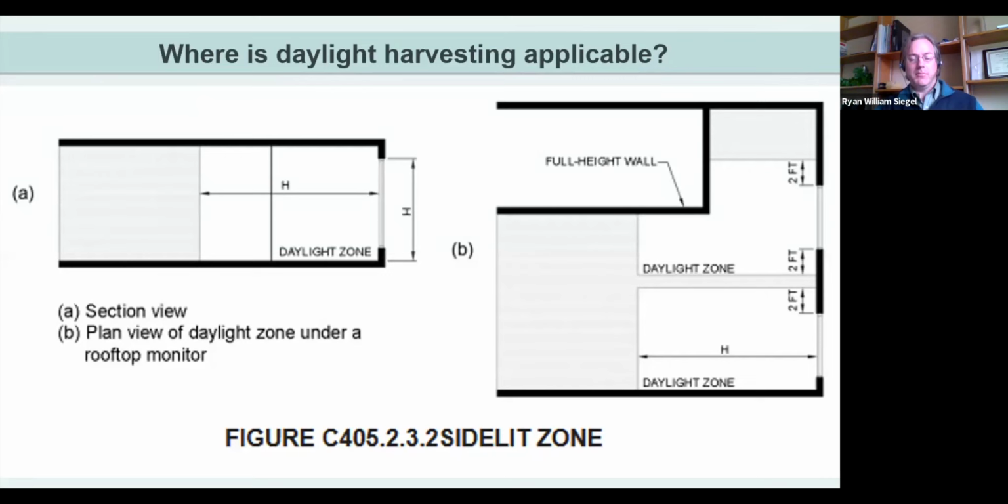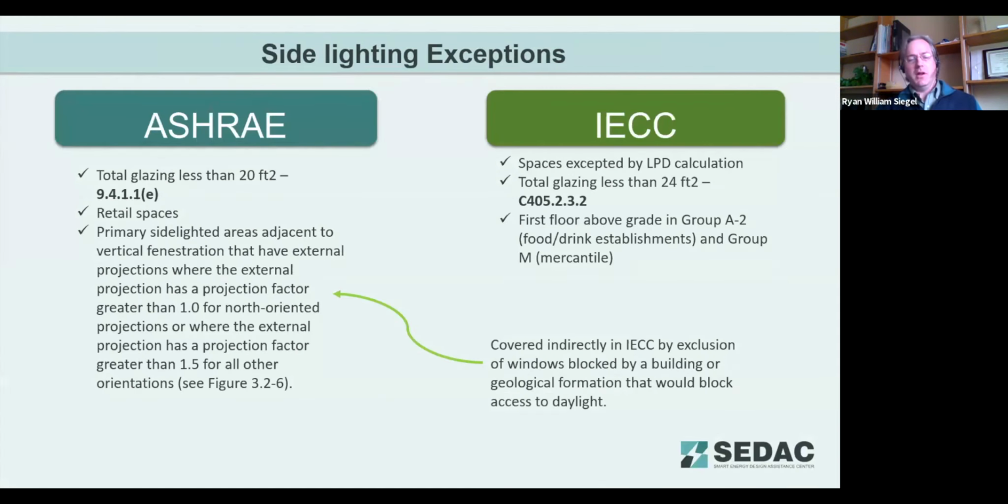Again, a reminder that if you're trying to find these, we do have links to the codes directly on our website for ease of access. Here we have some exceptions as far as side lighting. The code versus the standard, IECC versus Ashrae 90.1, present them a little differently, but they are fairly similar.